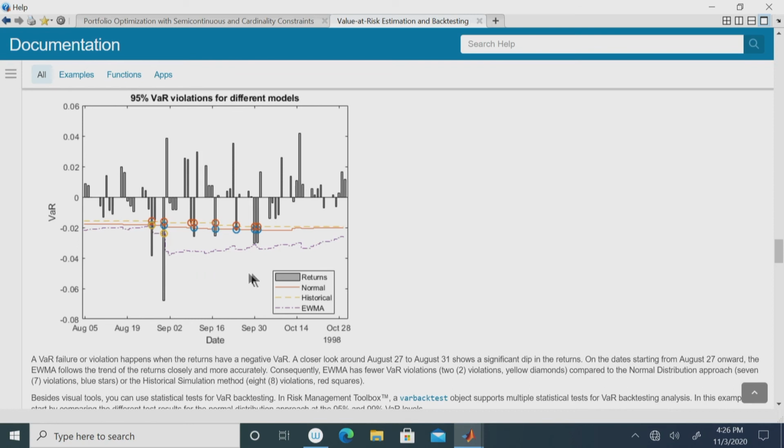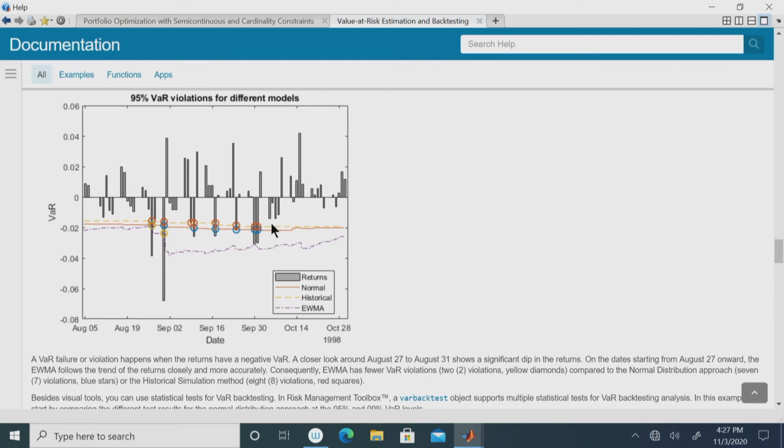Now, as compared to that, for the normal distribution, which is the orange line, there are 7 instances where the curve is at a higher level than the bottom tip of the bar. And for historical simulation, the yellow bar, there are 8 violations. Consistently along the entire timeline, the historical line is above the normal line, which is above the EWMA.